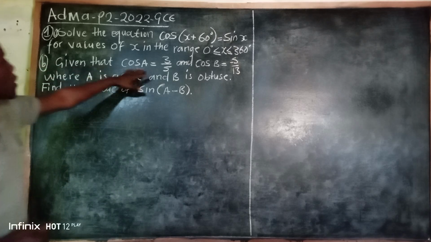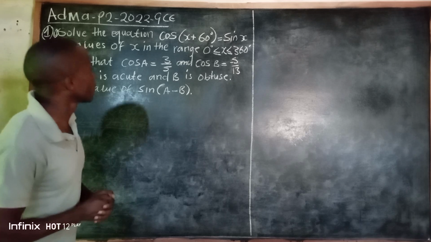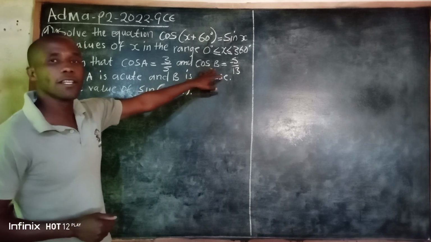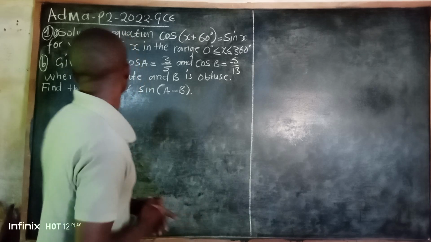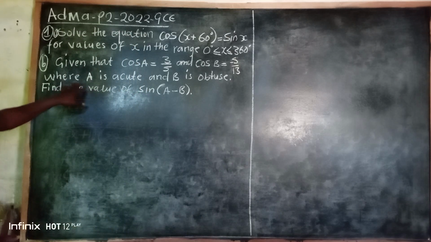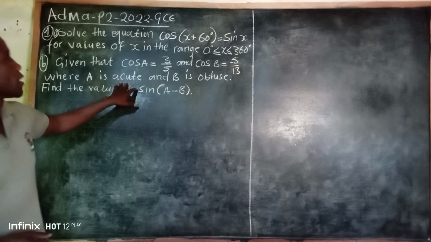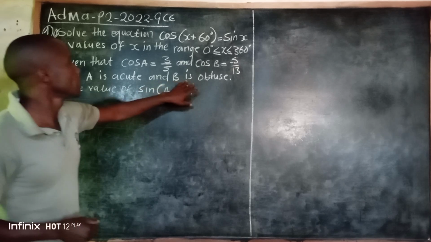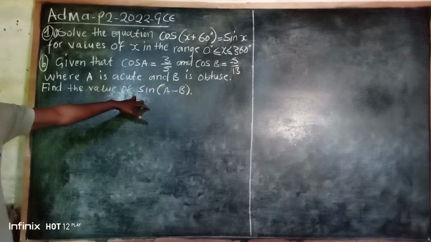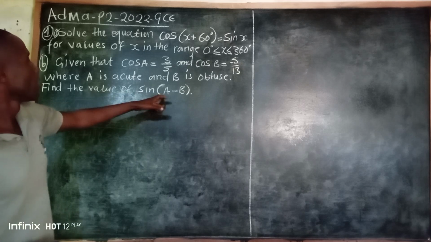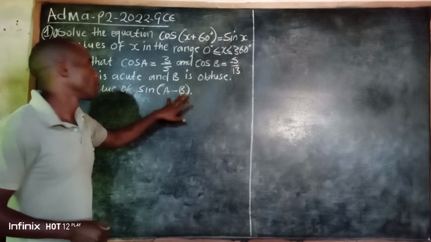Given that cos A equals 3 over 5 and cos B equals negative 5 over 13, where A is acute and B is obtuse, find the value of sine(A minus B).